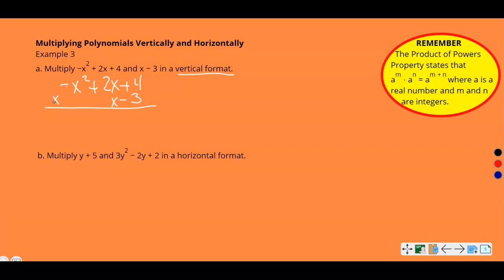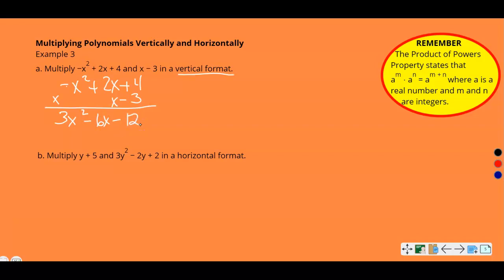So I'm going to multiply -3 by every term in the first polynomial. So let's do -3 times -x squared. That's going to be 3x squared. -3 times 2 is -6x, and -3 times 4 is -12.